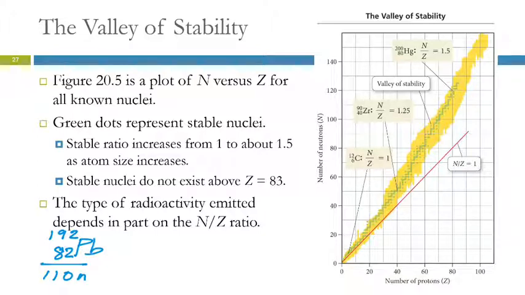So 110 neutrons is right here versus 82 protons, just like here. And so we see that those are going to intersect out here. And so here our ratio is too small and we need to raise it. And so then we can predict beta emission.